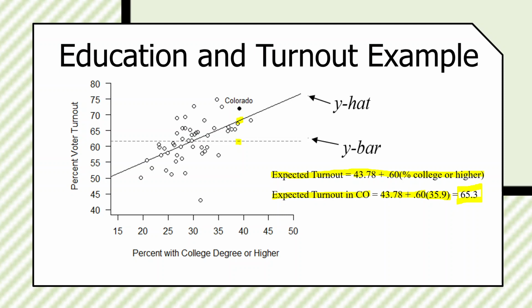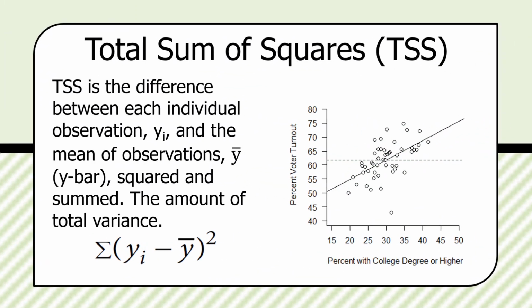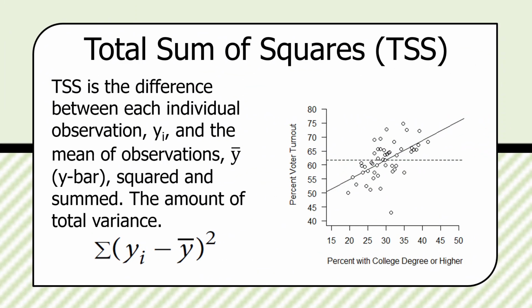What's left over, of course, is the distance between y sub i, the individual value for Colorado, and y hat, our estimate for turnout in Colorado. We can use these components that we illustrate with just one state to generalize for the whole sample that we're working on.